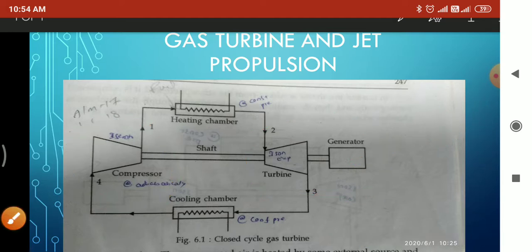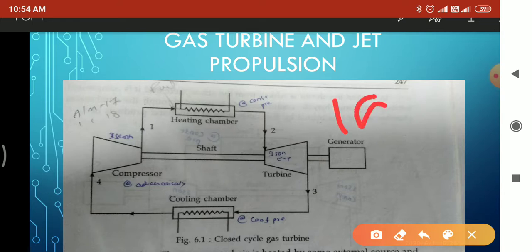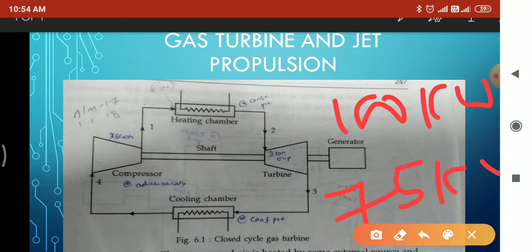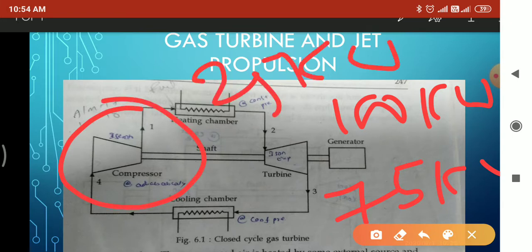For example, if we are producing 100 kilowatt of power by using this cycle, then 75 kilowatt is used to run only the compressor, and 25 kilowatt is used to do the external work or mechanical work.